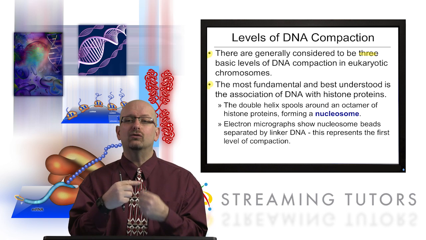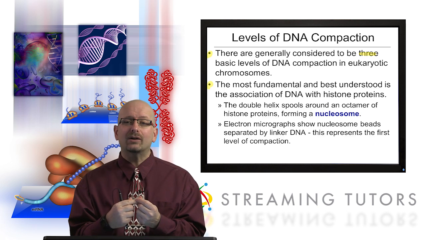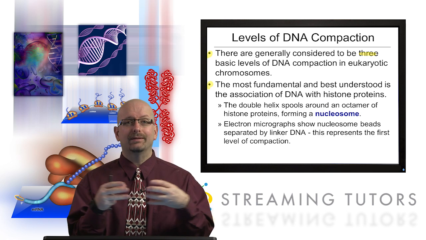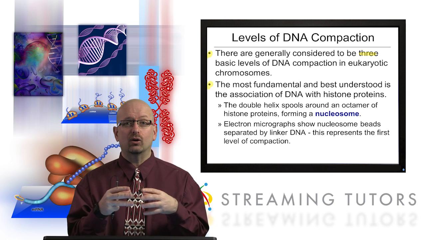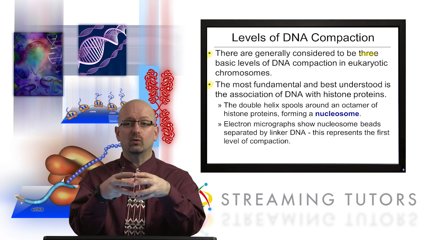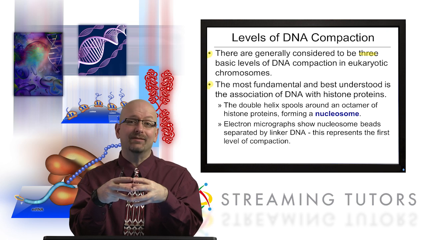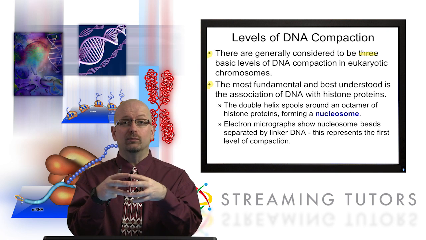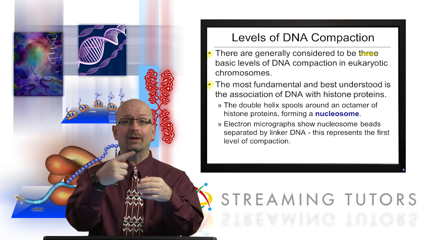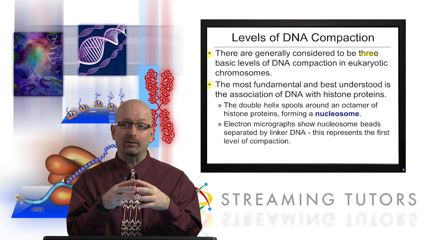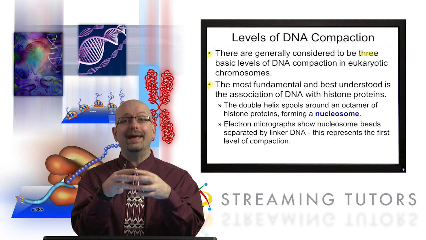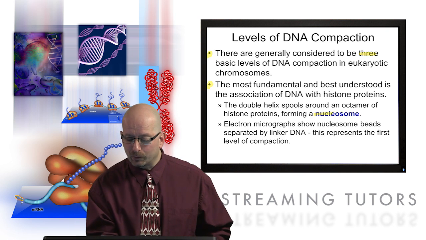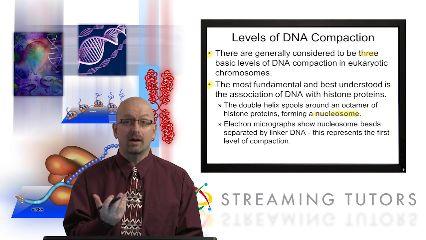So they say that it spools around an octamer of histone proteins. So in other words, there are 8 histone proteins that are arranged in a relatively symmetrical way, forming almost like, I think of this like a spool of thread. The spool being the histone proteins and the thread being the DNA that's going around it.